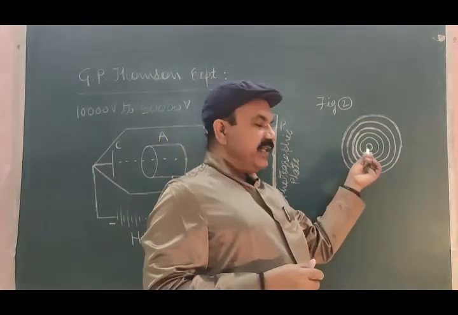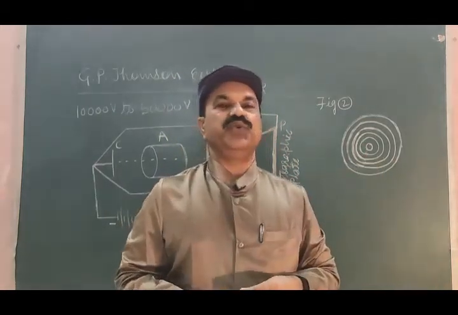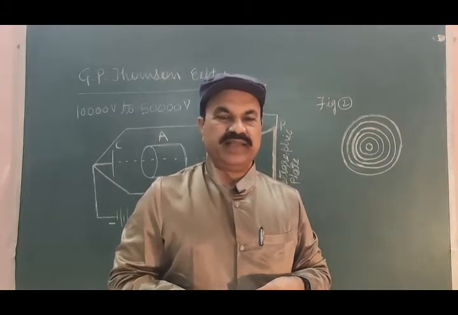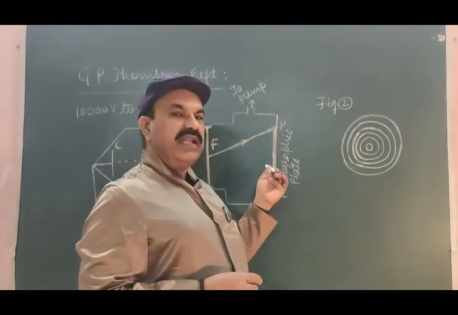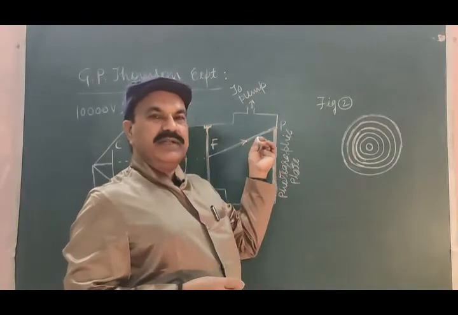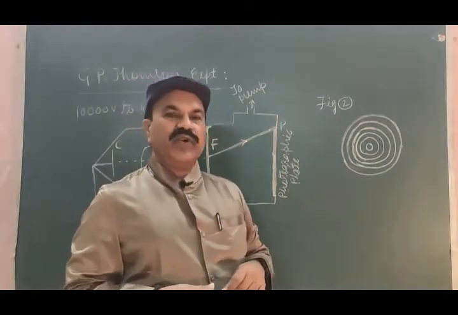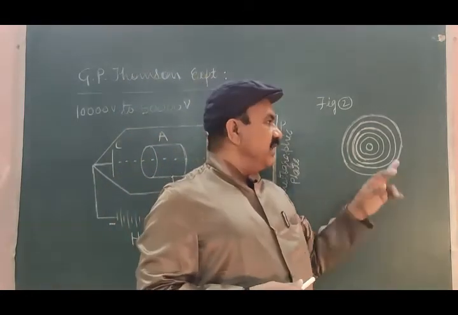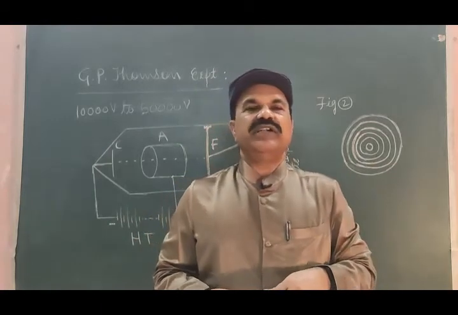If this diffraction pattern is due to X-rays, and if we bring an electric or magnetic field between the photographic plate and microfilm, this pattern will not be displaced from its place.